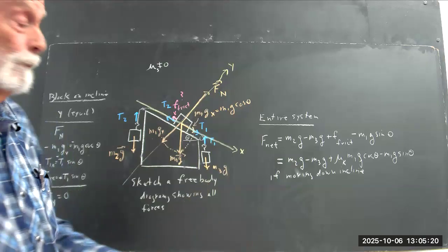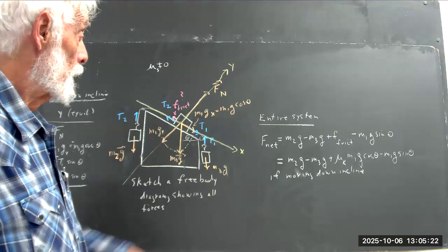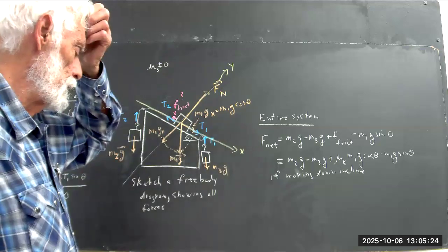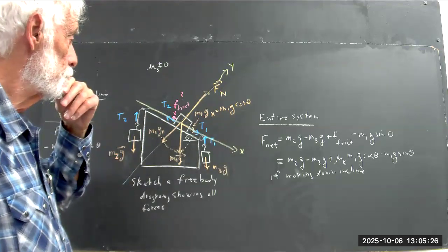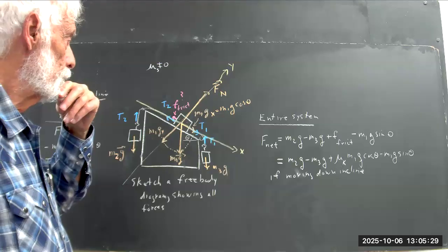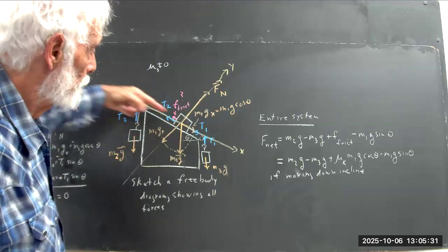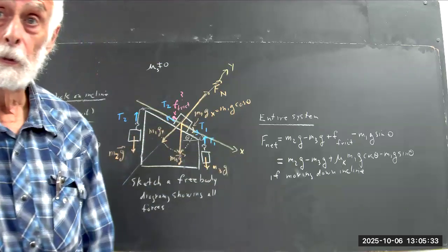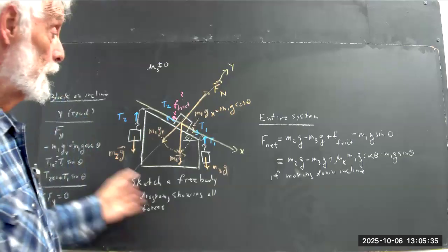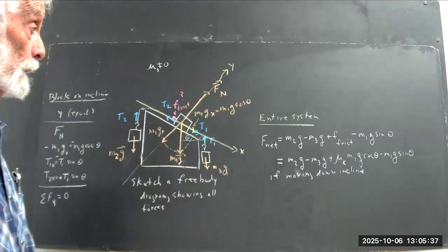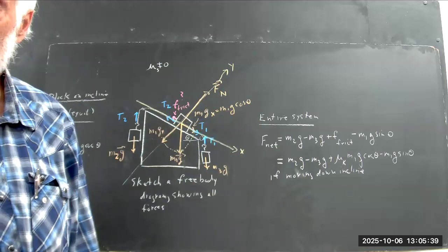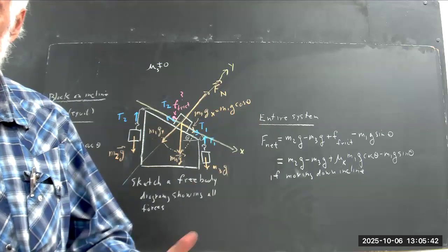Now you can decide that the positive direction is when the thing is sliding down the incline, if you prefer. That would be counterclockwise. That's all right. Some of the signs would change. You can think through that. You still get the same solution.